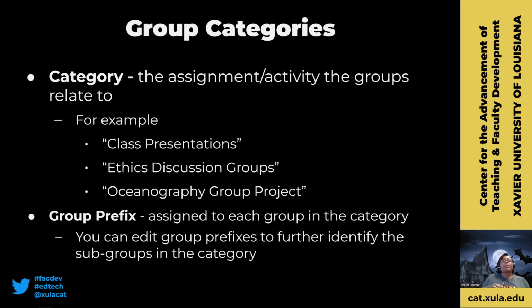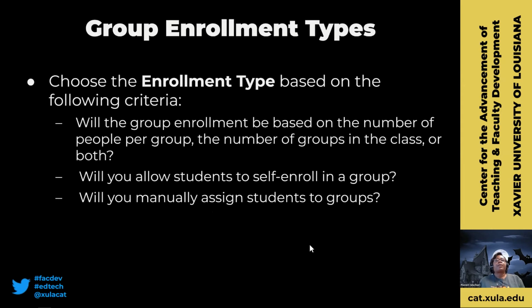So with class presentations, you can have the prefix be just the word group. So it would be group 1 under class presentations, group 2 under class presentations. But you can edit those group prefixes if you need to, to further identify those subgroups within that category.